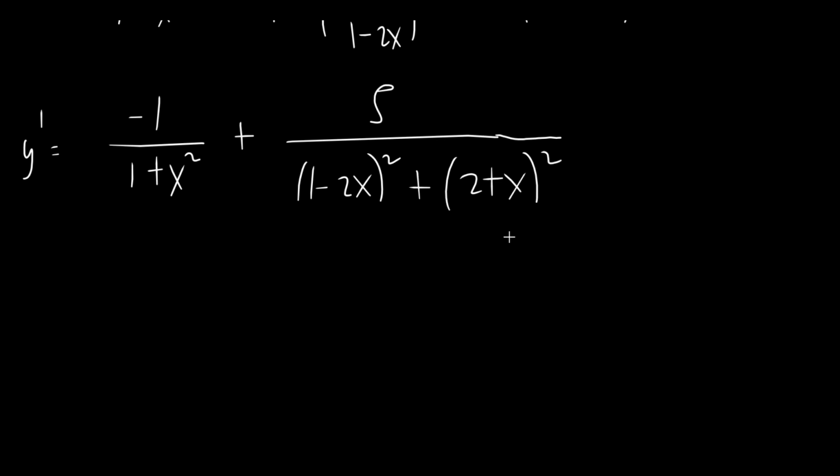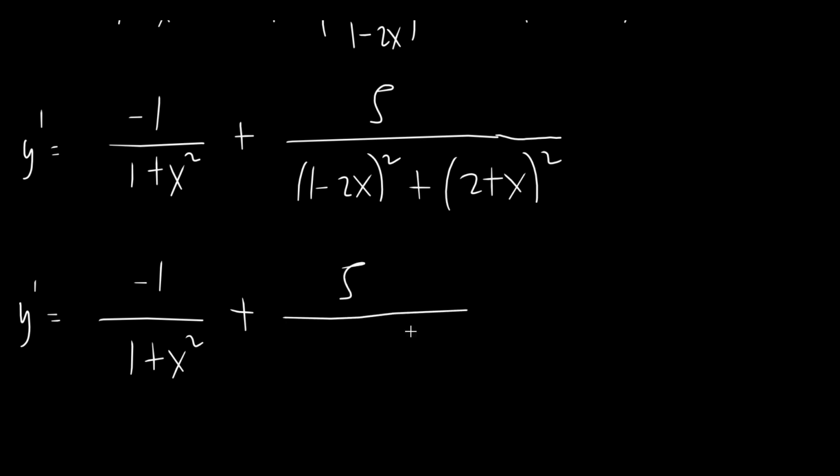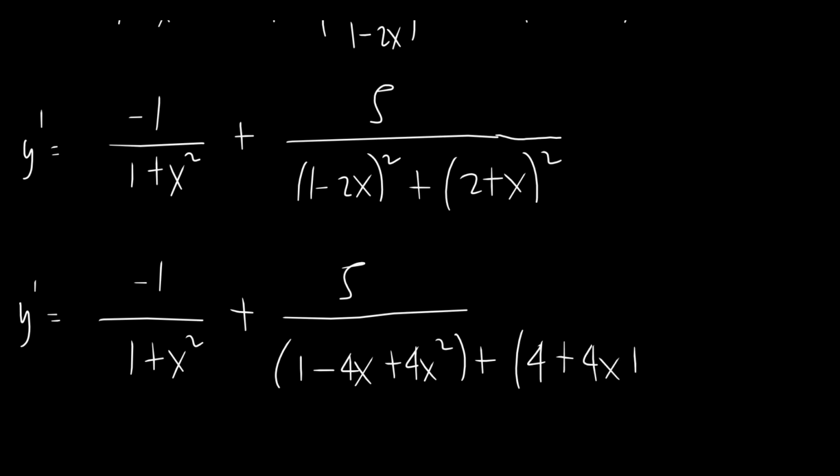So we have further simplification. y prime is equal to negative 1 all over 1 plus x squared, plus 5 all over, and we will evaluate these two terms: 1 minus 4x plus 4x squared plus 4 plus 4x plus x squared.